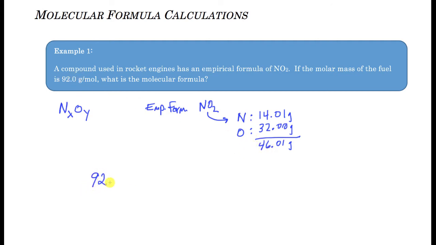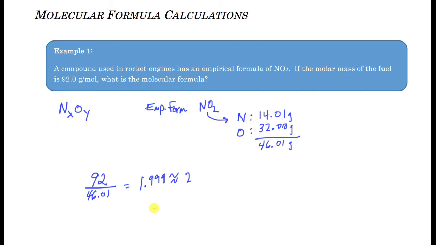So we do 92 over 46.01, and we can compare these two and see how much greater the 92 is. We know that 92 is greater. And we end up with something like 1.999, which is essentially 2. So we can see that the molar mass of the actual formula is twice the molar mass of my empirical formula.